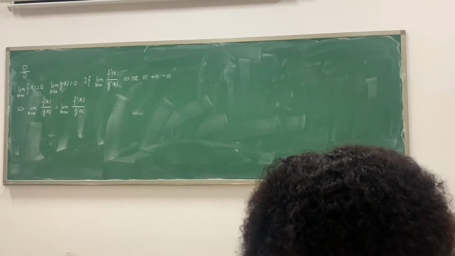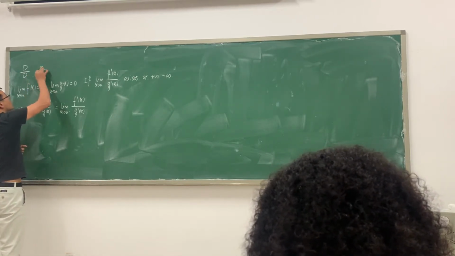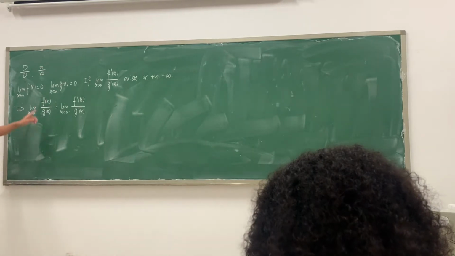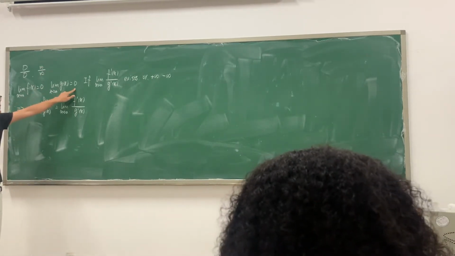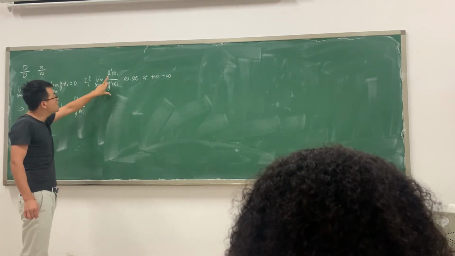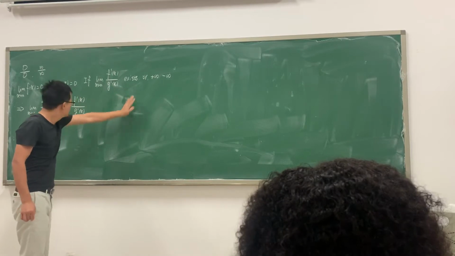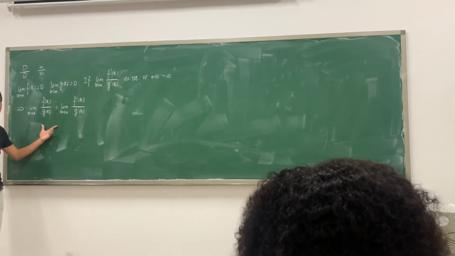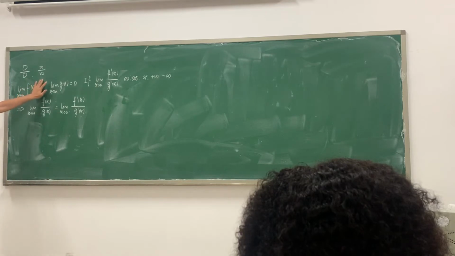And we have infinity by infinity, yeah? So if here is infinity, here is infinity, and as x approaches a, the limit of f' divided by g' exists, then we have this conclusion, okay? So we have these two indeterminate forms.